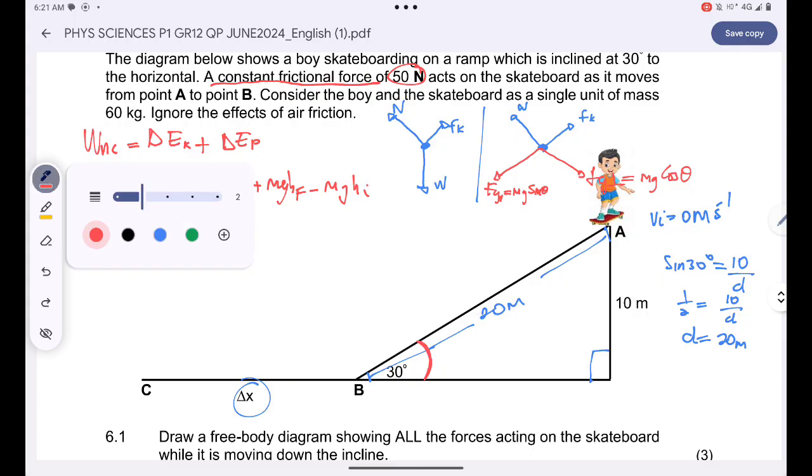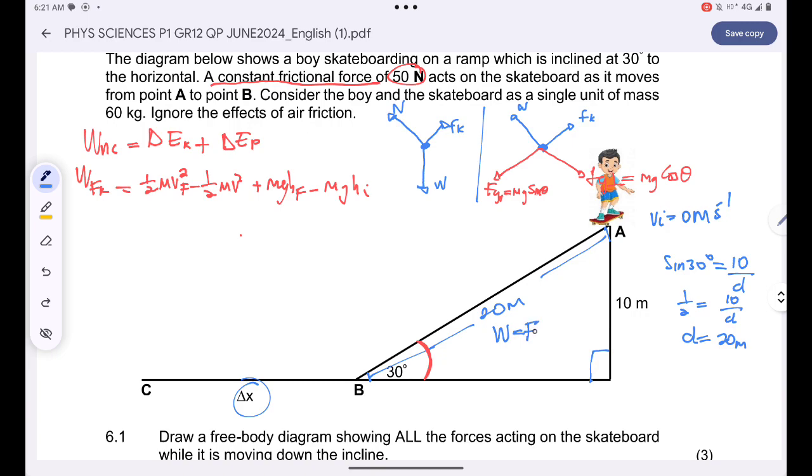But remember, guys, the work done on an object by any force will be equal to the force in question multiplied by the distance traveled and cos theta. If I want to find the work done by kinetic friction, I must use the kinetic frictional force.